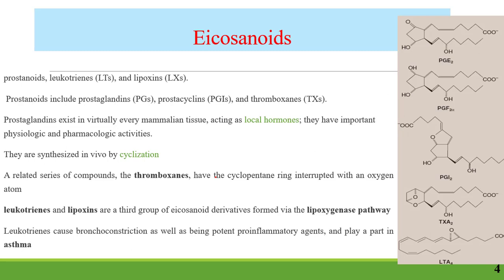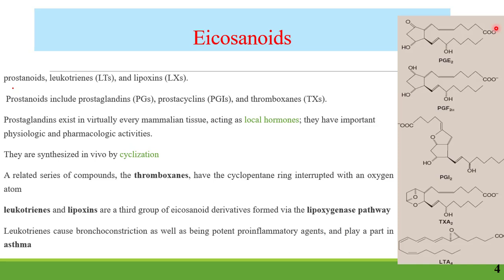Icosanoids. This compound is derived from icosa, or 20 carbon, polyenoic fatty acid. They comprise the prostanoids, leukotrienes, and lipoxins. Prostanoids also include prostaglandin, prostacyclin, and thromboxane.